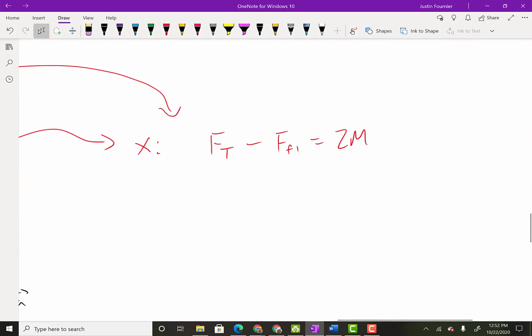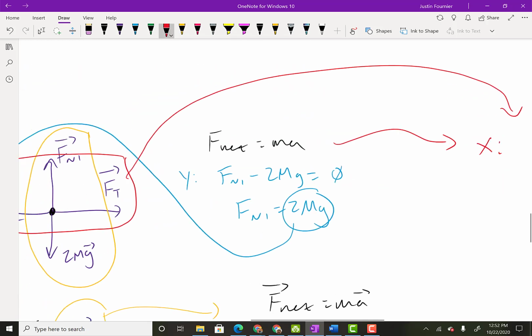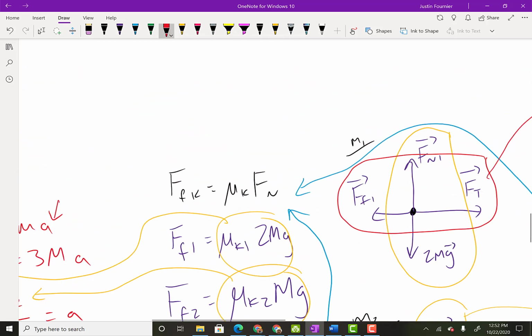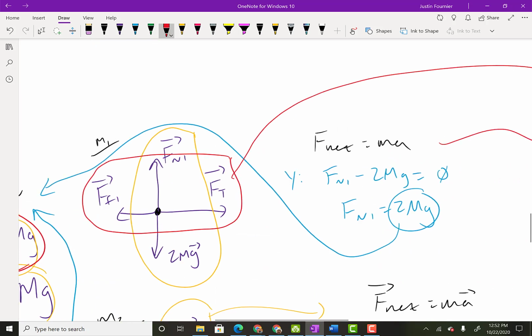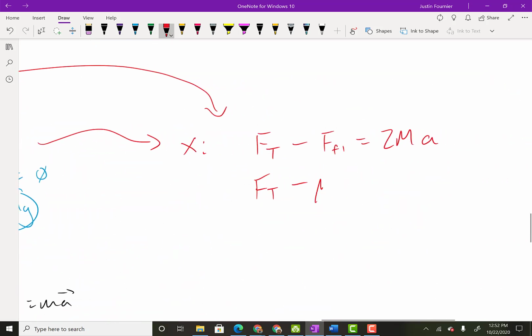So it's 2m times the acceleration, which I now know. So the tension force is going to be, minus Ff1, we found out back here is mu k1 times 2mg. So this is mu k1 times 2mg equals 2ma.